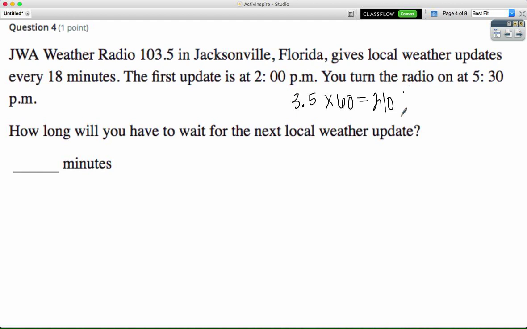So if I divide 210 by 18, I'll see how many updates have already happened. So there's approximately 11.67 updates that have already happened. So I'm still waiting for the 12th update. So to find out at how many minutes the 12th update is going to happen, I can take 18 and multiply it by 12 and see how many more minutes it is going to be before this next update happens.